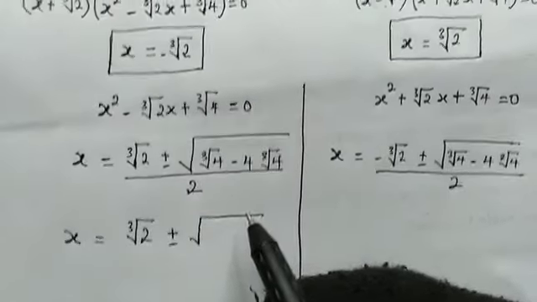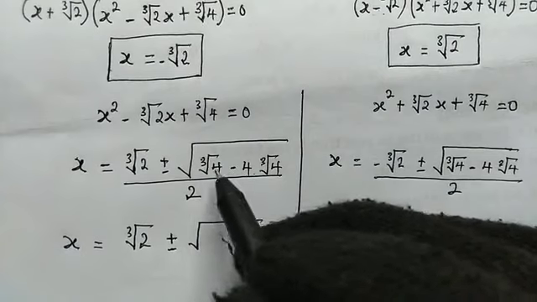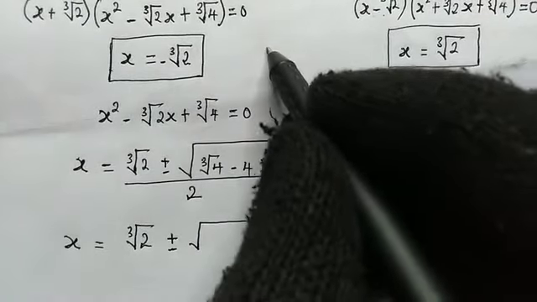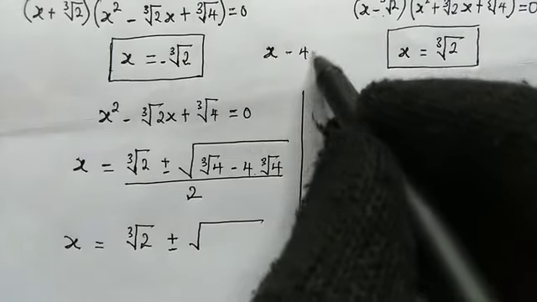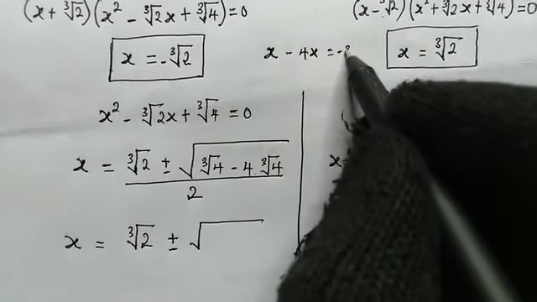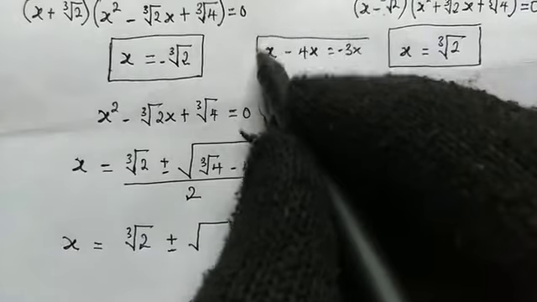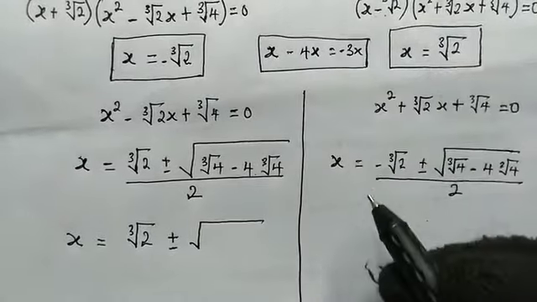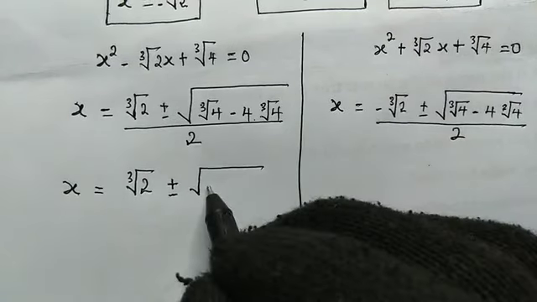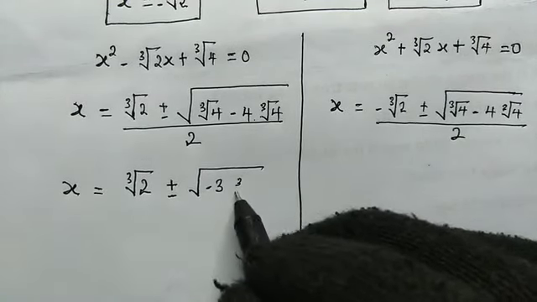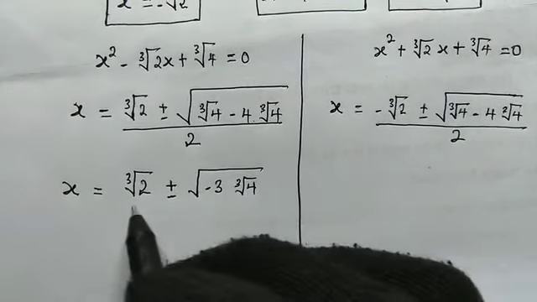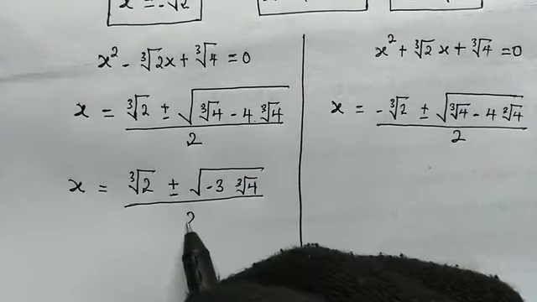You know why? Now, if we take cube root of 4 as x, then that will be the same as x minus 4x, which we know is equal to negative 3x. Right? So here, this will be negative 3 cube root of 4. Then divided by 2.